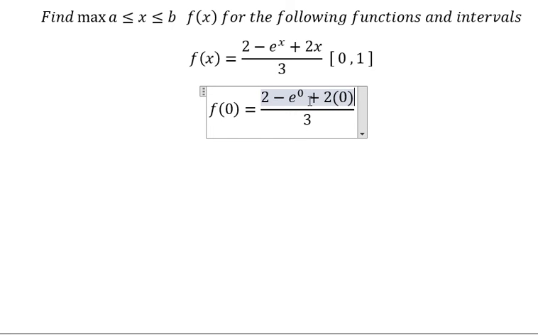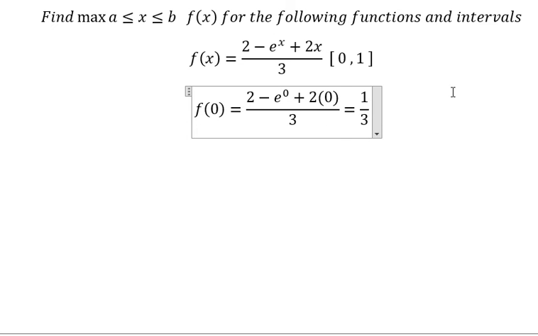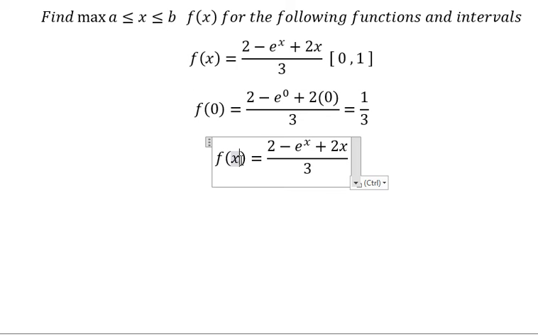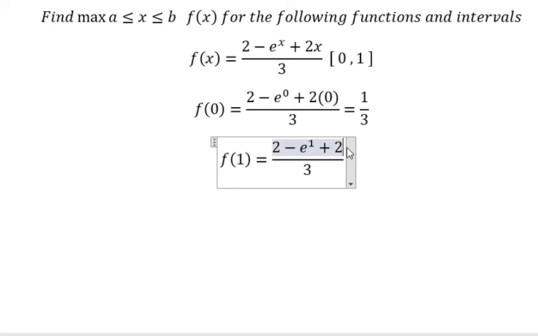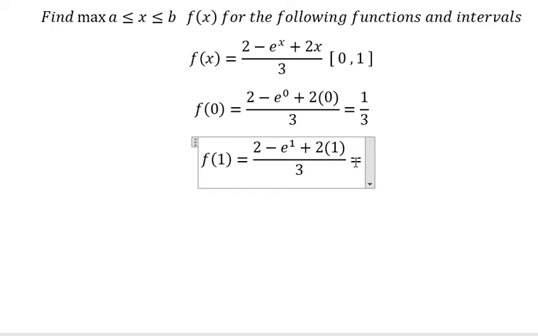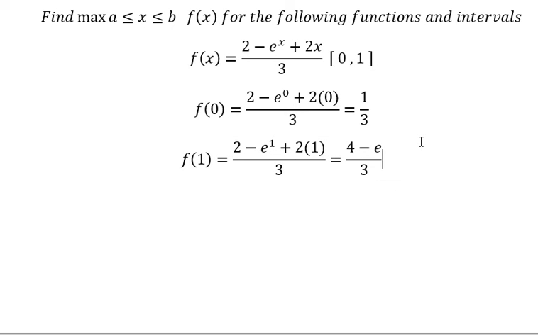So we calculate this one, and we have 1 over 3. And now we go to the number 1 in here. And this one, we have 4 minus e over number 3.